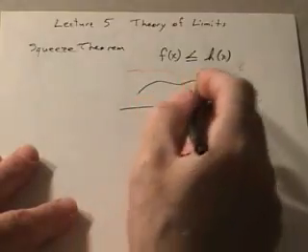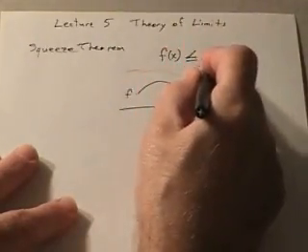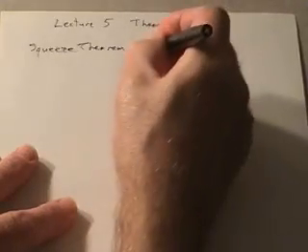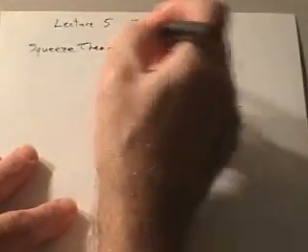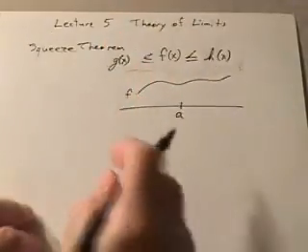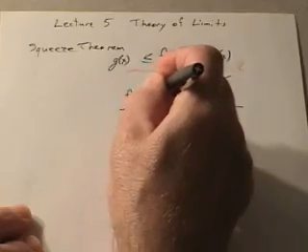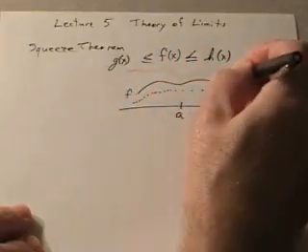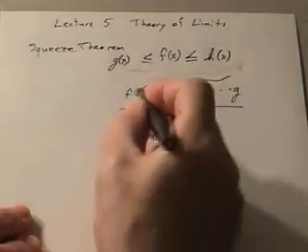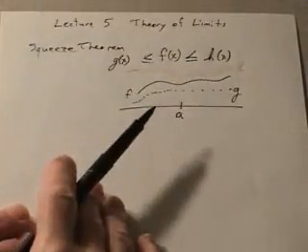We want this function f to not only be less than this h, but we want it to be itself, in turn, bigger than some g. So in other words, there's some smaller function down here. So g is here, and f is between g and h. Now that's not so hard.